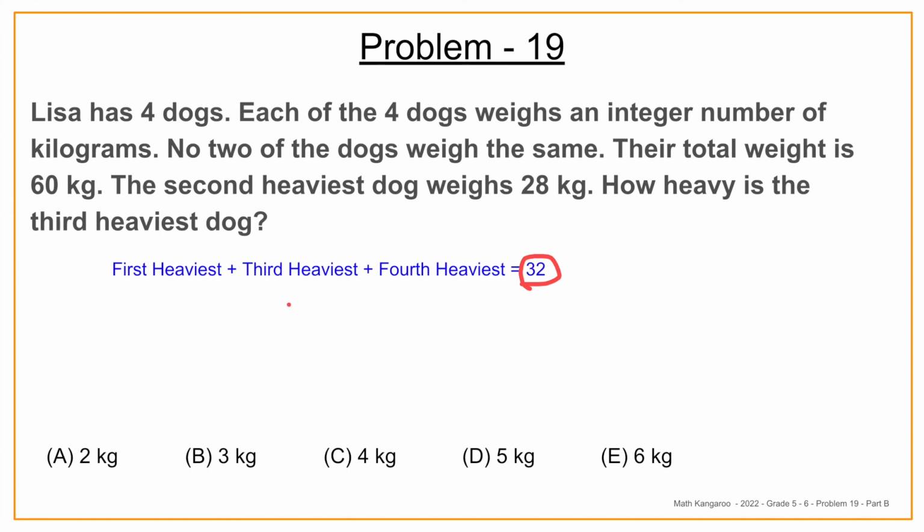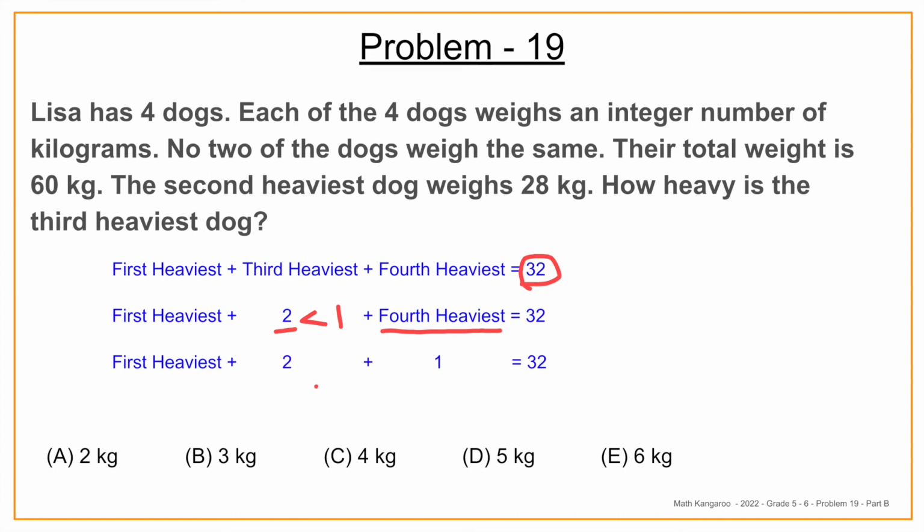So we say that the third heaviest is option A, 2 kg. Since third heaviest is 2, the one less than 2 would be 1. That would be our fourth heaviest. That means 2 plus 1 is 3 and we subtract 3 from both sides, and 32 minus 3 gives us 29.